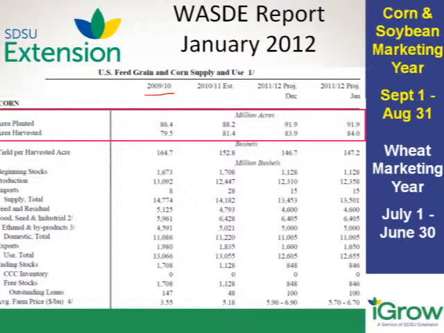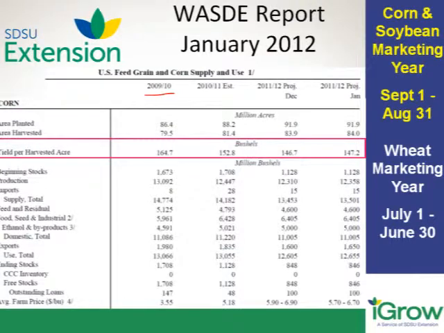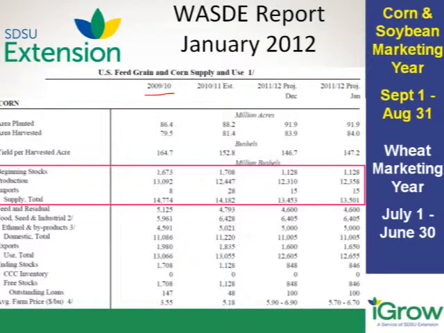So planted acreage, along with forecasted yield information, gives us information about how many bushels are being produced. Essentially multiplying the 2 gives us our production number, and that's the number you see down there, for example, in the farthest right column. About 12.358 billion bushels of corn was the forecast production for the 2011-2012 marketing year.